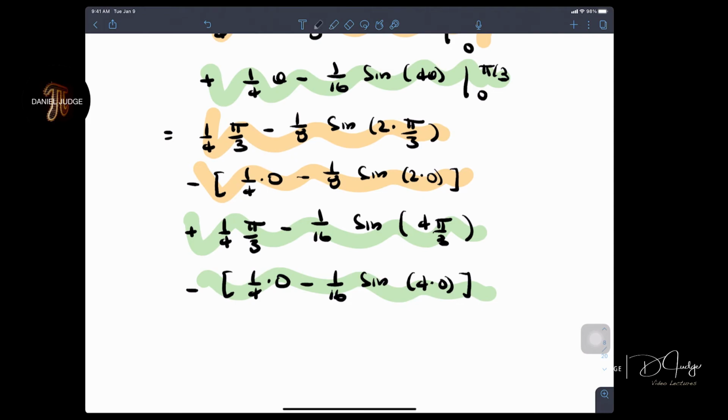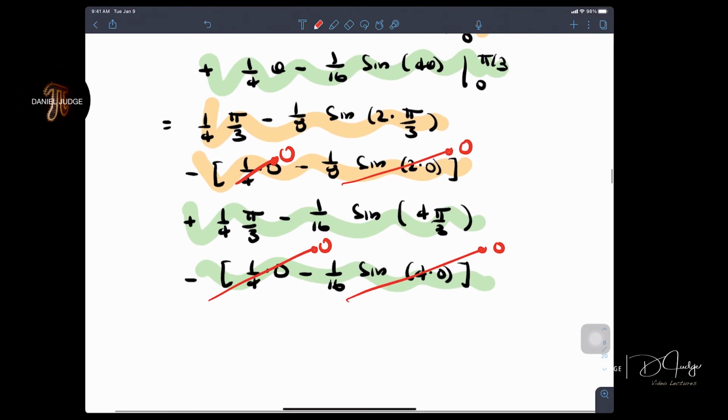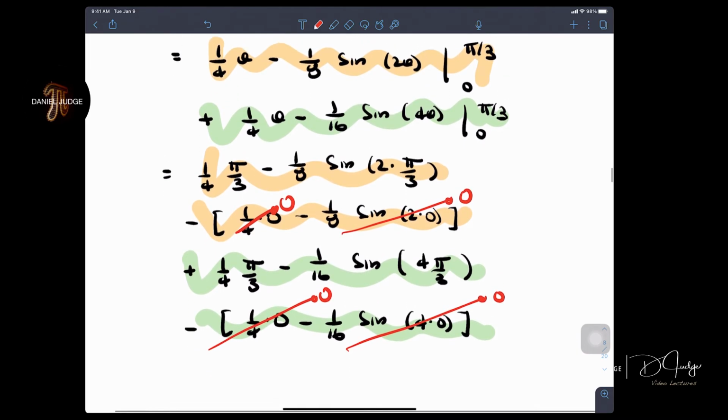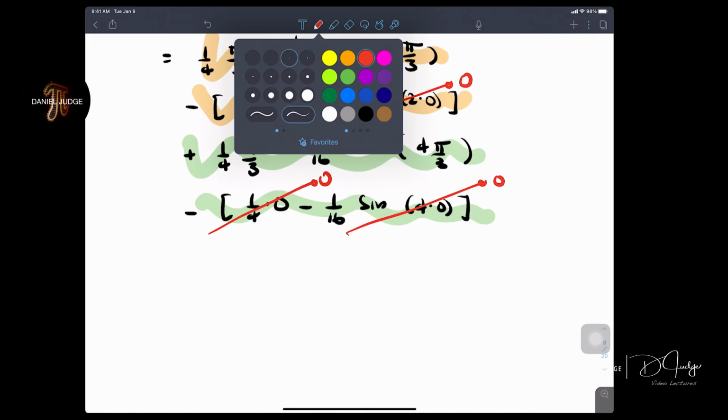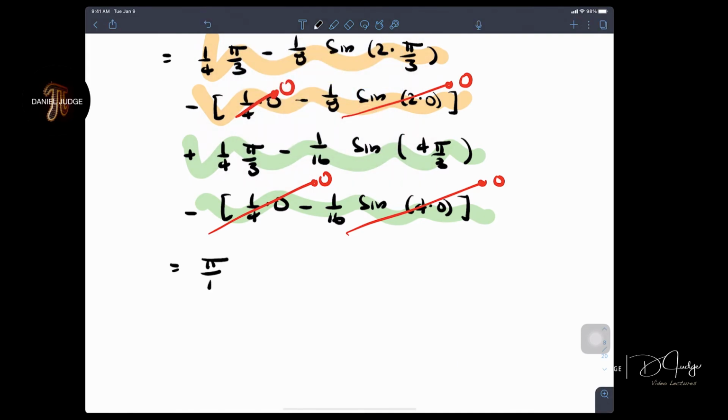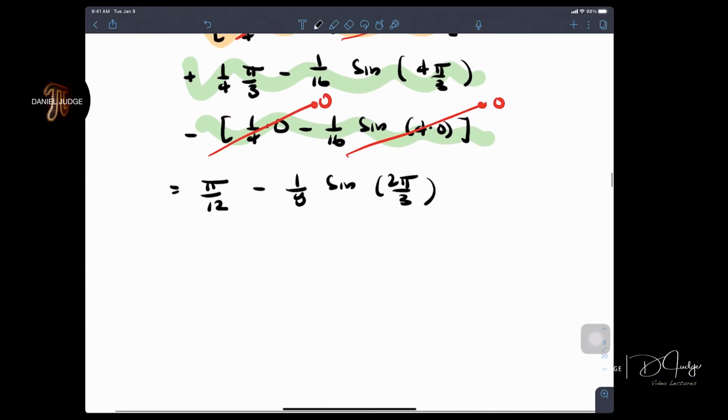So I would identify the easiest things to simplify, like this portion is 0, this portion is 0, 0, and 0. So here's what we get. Pi over 12 minus 1/8 sine of 2 pi over 3, plus pi over 12 minus 1/16 sine of 4 pi over 3.